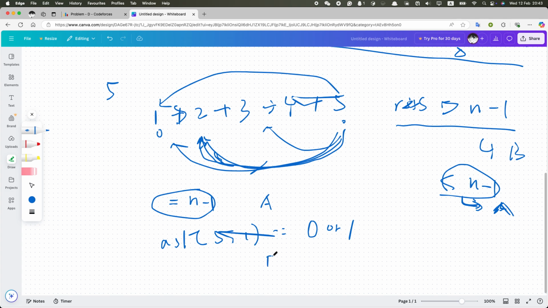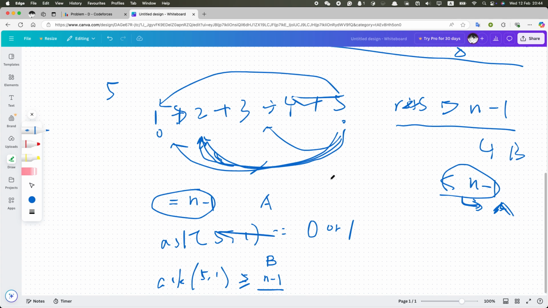If the answer is object B, and we ask 5 to 1, this answer also can be bigger than or equal to n minus 1, and so we can only ask 5 and 1 again.